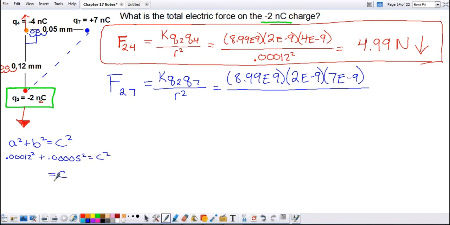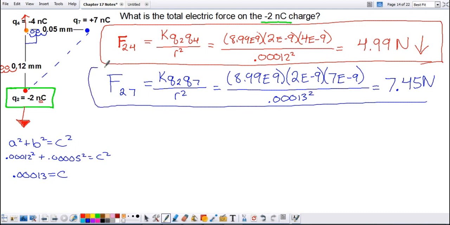If we solve, we find that the distance between the two is 0.00013 meters, or 0.13 millimeters. Don't forget to square the distance. Type that into our calculator, and we get a 7.45 newton force acting on charge 2 by charge 7. We're missing something, the direction again.